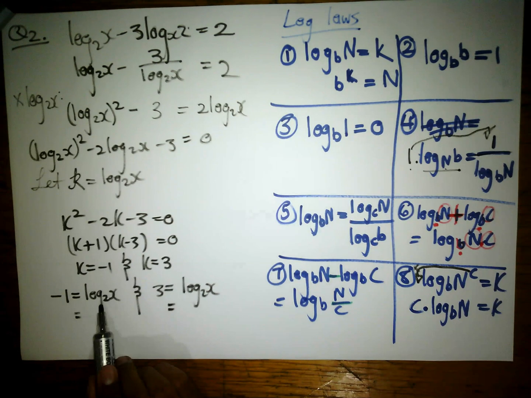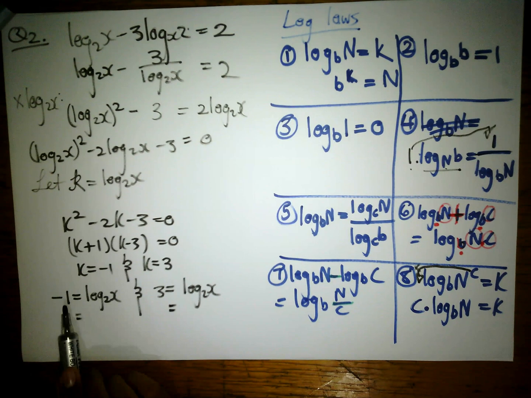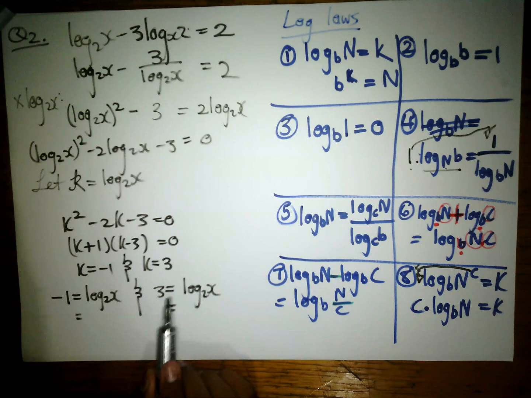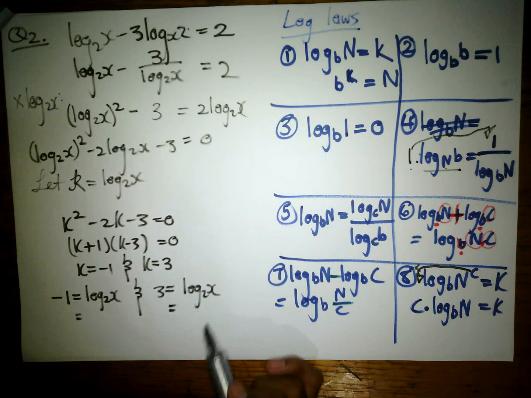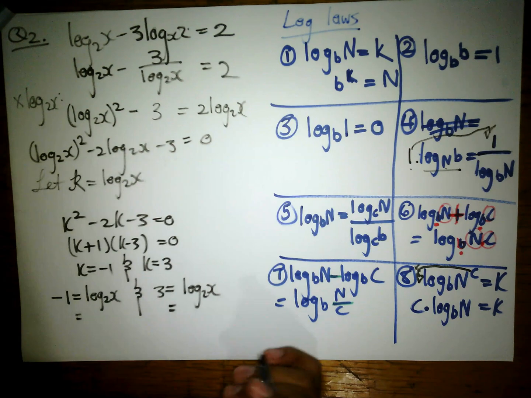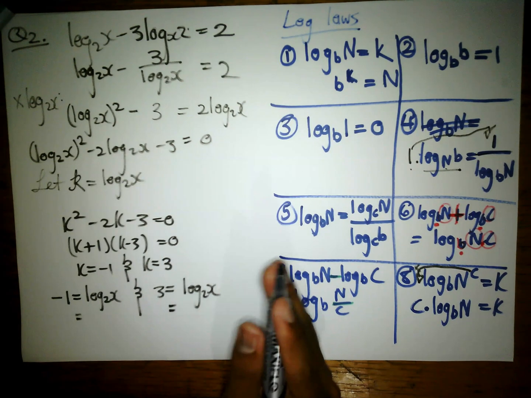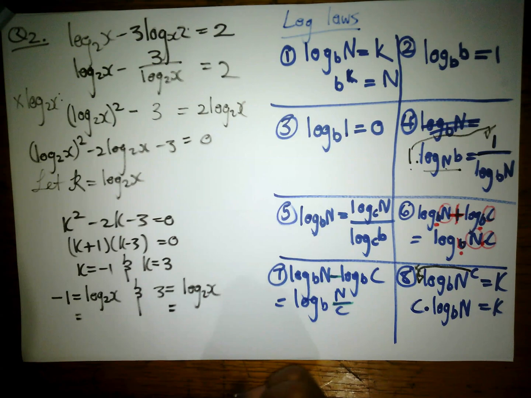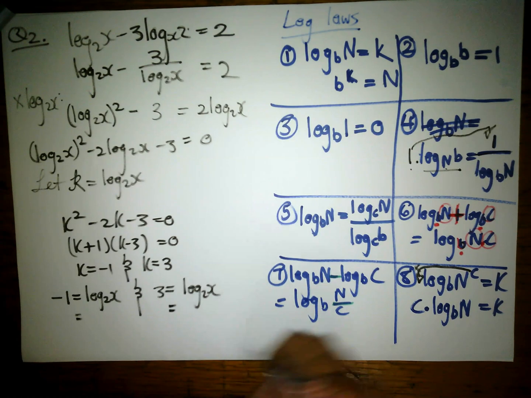But here we have log 2x equal to negative 1 and log 2x equal to 3. How am I going to get the value of x from here? Rule 1. Yes. Rule 1 is the only one that will work here. And you will use that one the most out of all of them. So, what does it say?